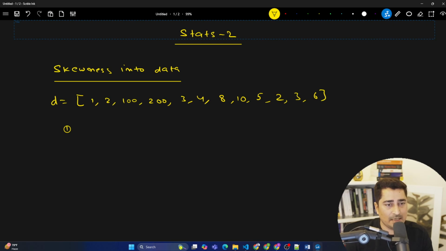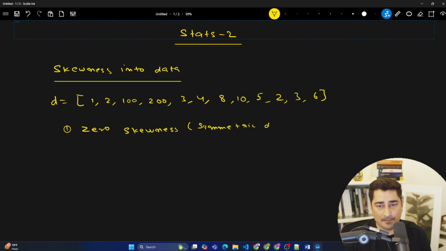The very first is zero skewness, also called a symmetric data set. The second kind of skewness you will find is called right skewness, or positive skewness.